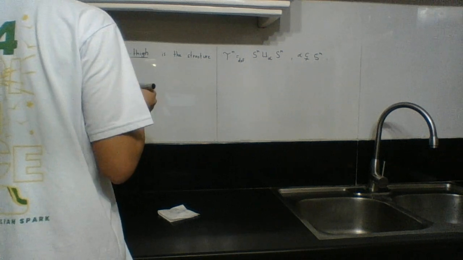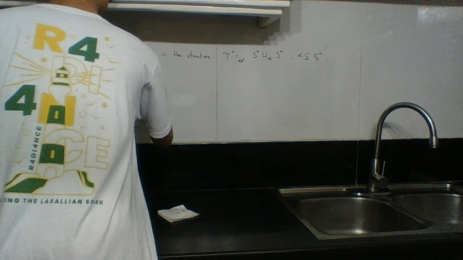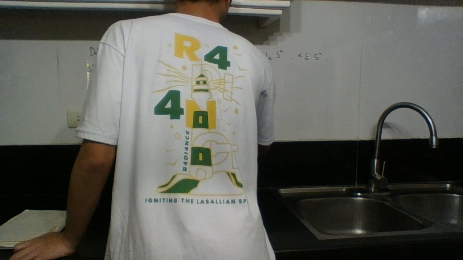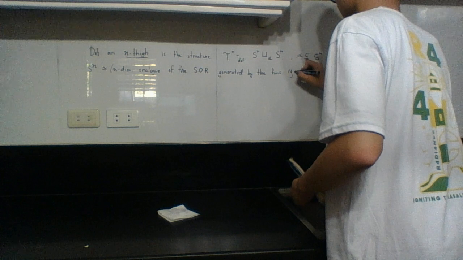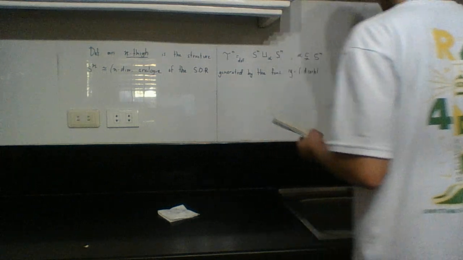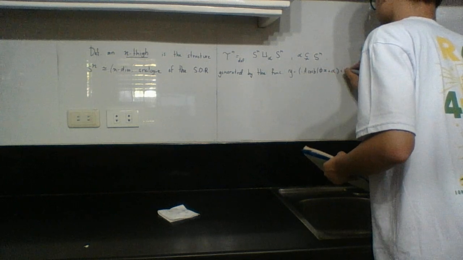Okay, so S to the n is homeomorphic to the n-dimensional analog of the surface of revolution generated by the function y equals minus a cosh, or the hyperbolic cosine, of phi times x plus alpha, plus alpha.